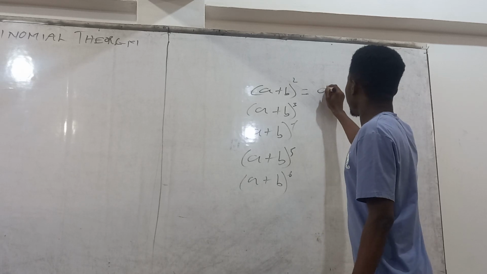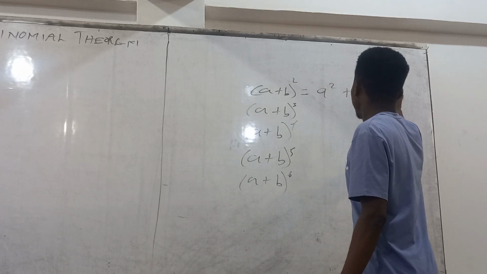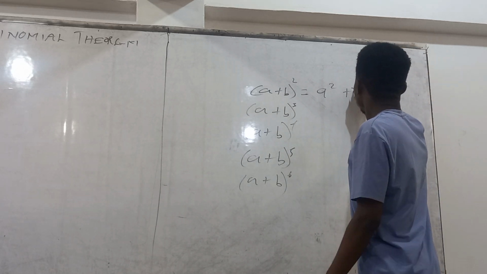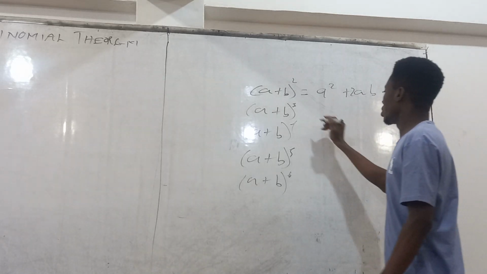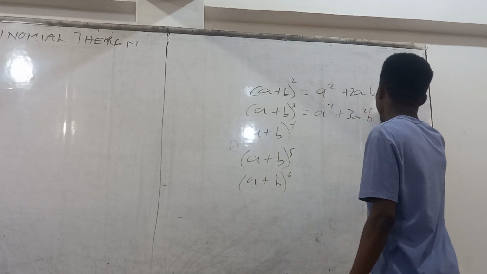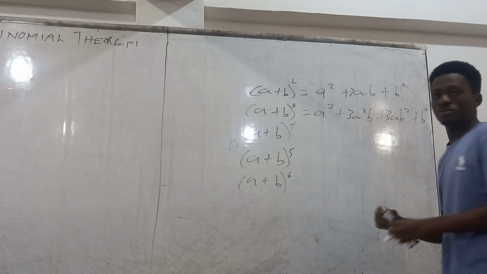Okay, so this one becomes a squared plus ab plus b squared, right? Here will be 2: a squared plus 2ab plus b squared. Okay, so this one becomes a cubed plus 3a squared b plus 3ab squared plus b cubed.